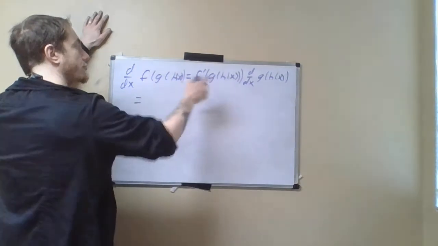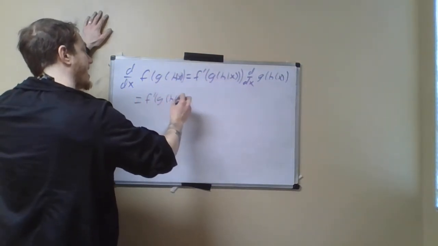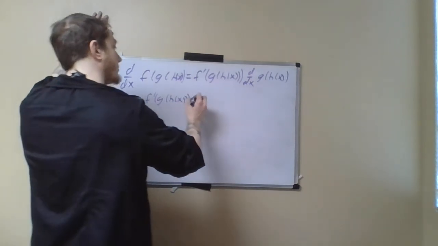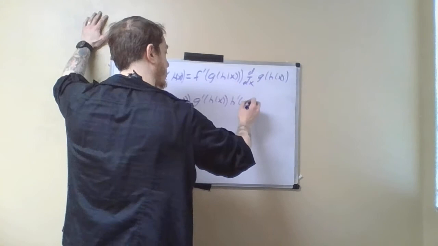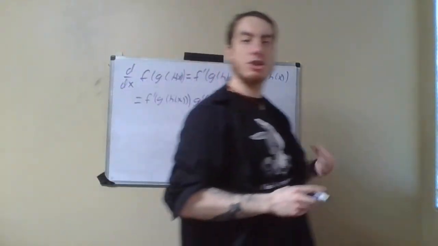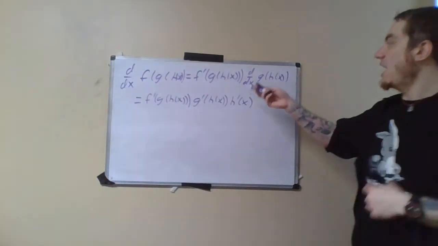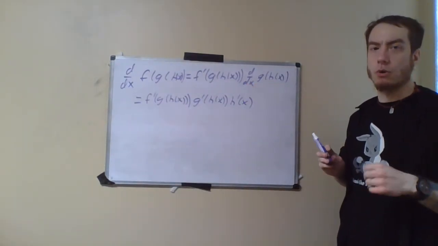And then you just keep on going. So this is now f prime of g of h of x times g prime of h of x times h prime of x. So we can repeatedly use the chain rule on composition, and it just keeps on getting longer. And this is one reason why it's called the chain rule.